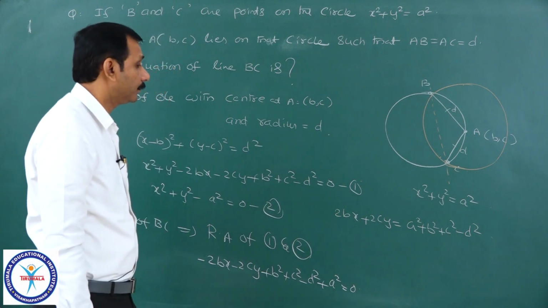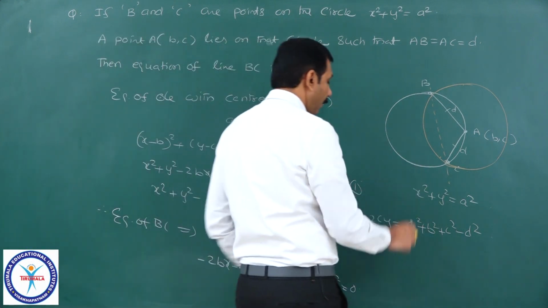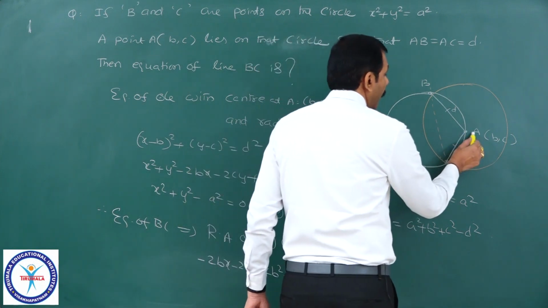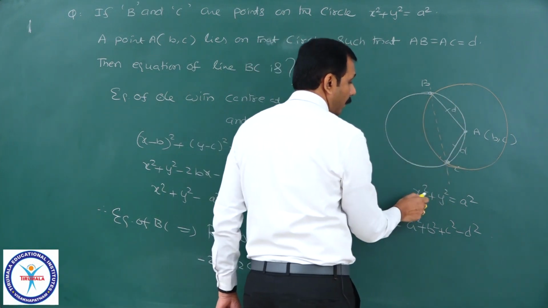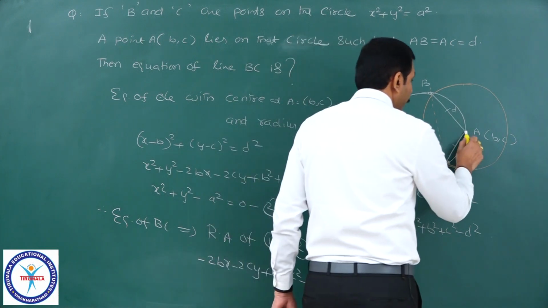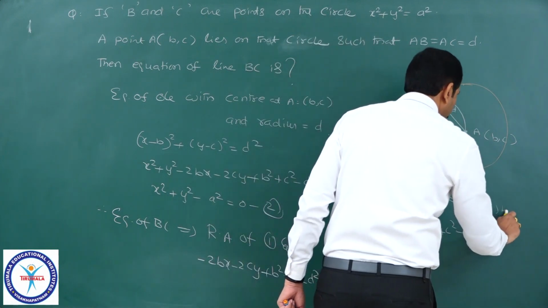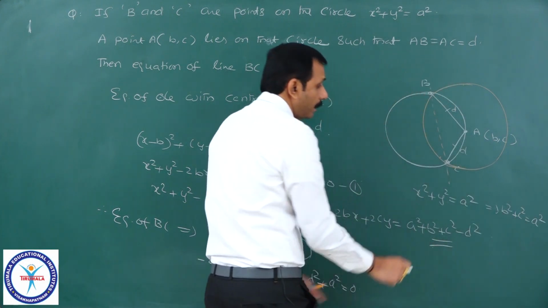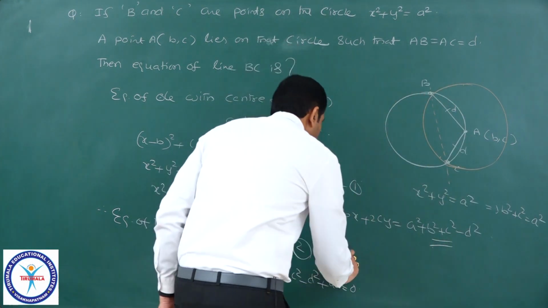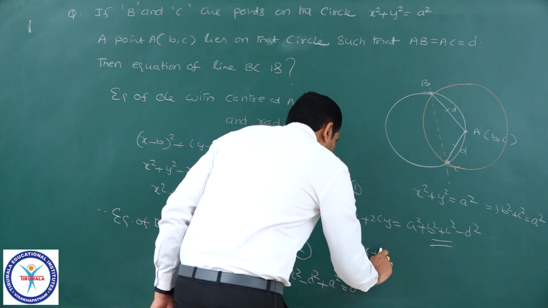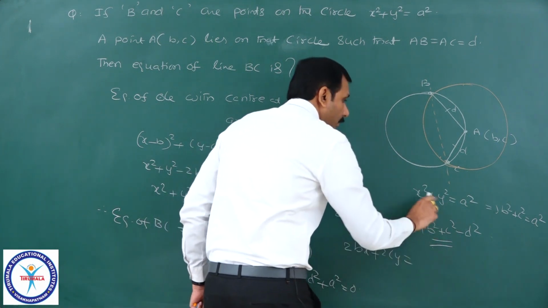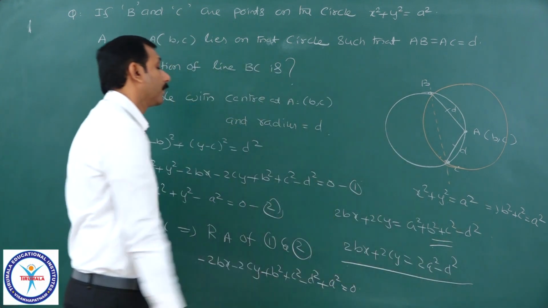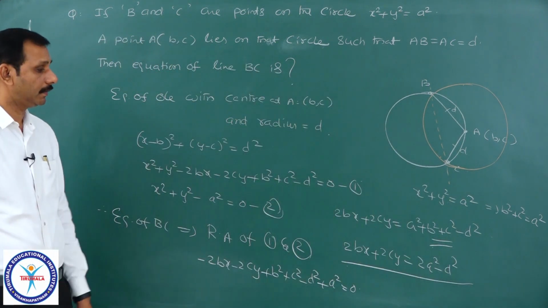But observe, (b, c) is a point on this circle x square plus y square equal to a square. Because it is a point on this circle, I can write b square plus c square equal to a square. Therefore, I will replace b square plus c square with a square. Now I will get this relation as 2bx plus 2cy equal to 2a square minus d square, which will be the equation of BC.